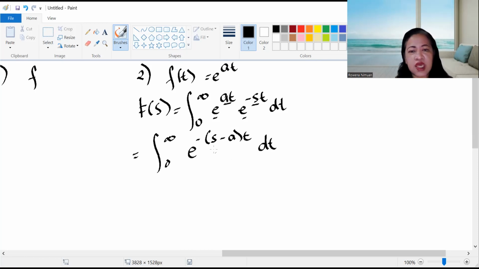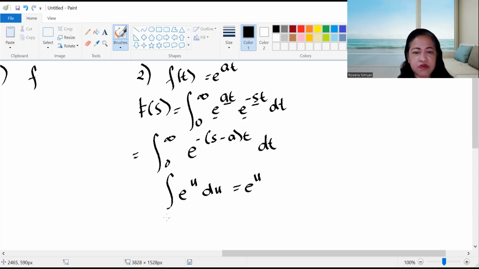Since again we have to use the integral of e to the u du is equal to e to the u, we choose u equal to negative (s minus a)t. So our du is equivalent to negative (s minus a) dt.